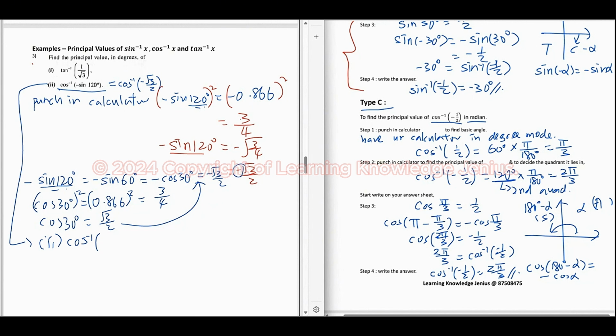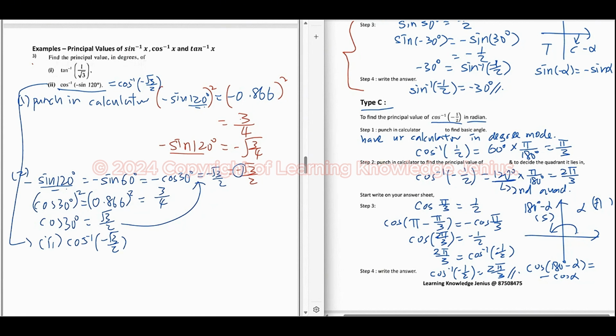So the second method is probably easier for you to take note of the sign, because we convert using the ASTC method to the basic angle. So this could be slightly easier because you will not overlook the sign. Then use a similar method after you get this.